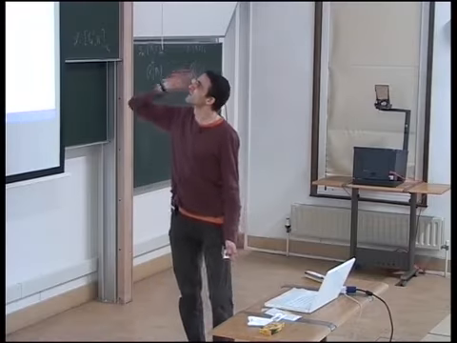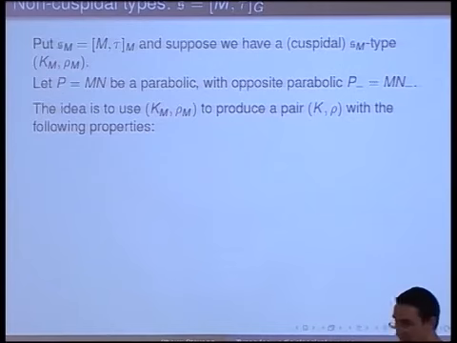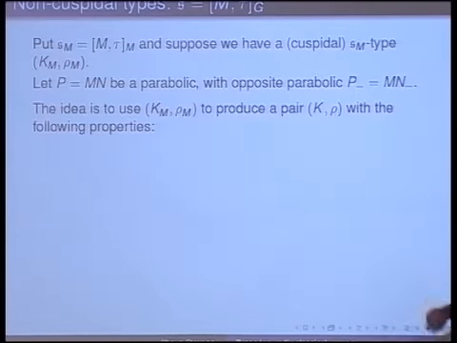So we suppose we've got a type there, which I call (K_M, rho_M), and P is going to be some parabolic subgroup with Levi M, P minus its opposite. The idea is to use this type to build something which will hopefully be a type in the big group.